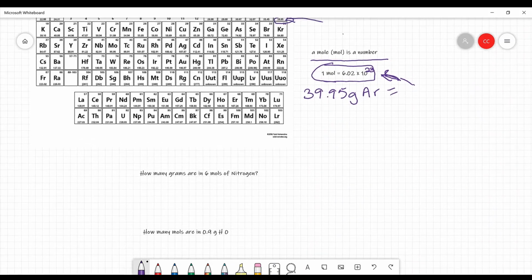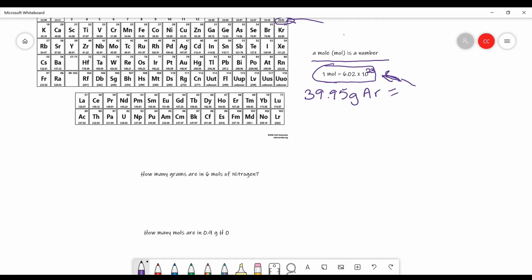So if we come down here, the next concept we have to go over before we start doing these conversions is in algebra. We know that 2x over 1 times 3 over 4x. These x's cancel out.